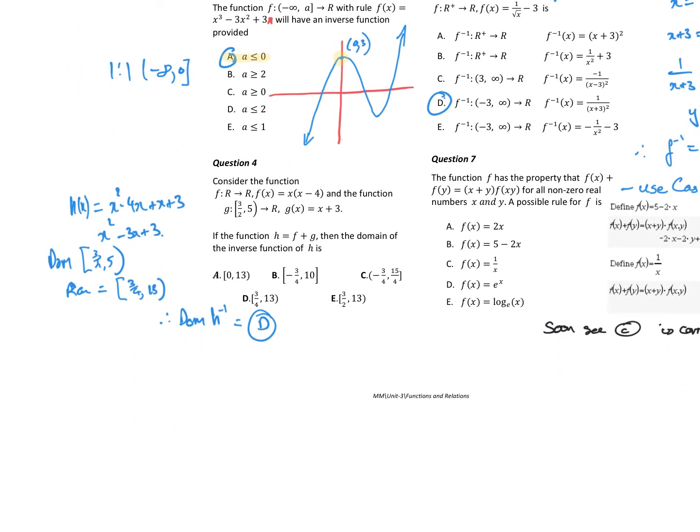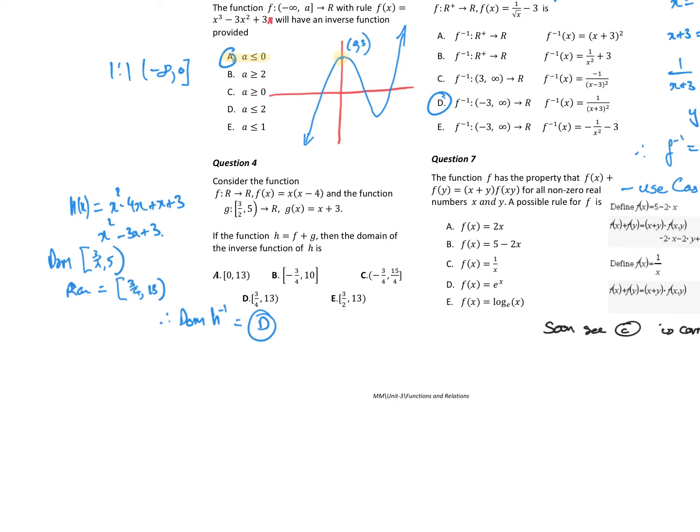If the function h equals f plus g, then the domain of the function, the domain of the inverse function. So f plus g, if we work it out, is given by x squared minus 3x plus 3. But don't forget that if we have a sum of functions, the domain of that sum is the intersection of the domains, if you like.